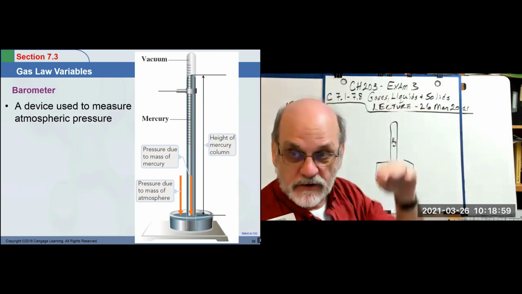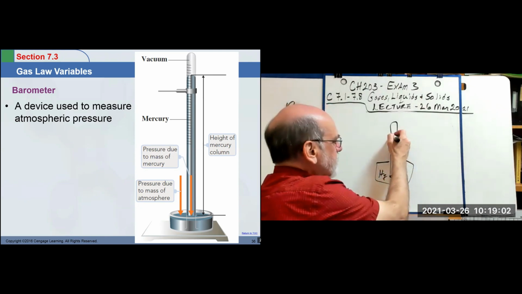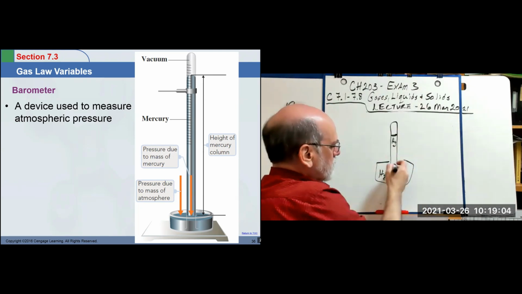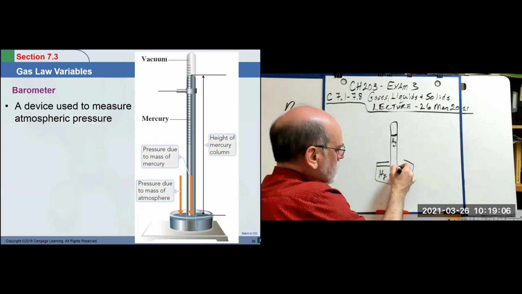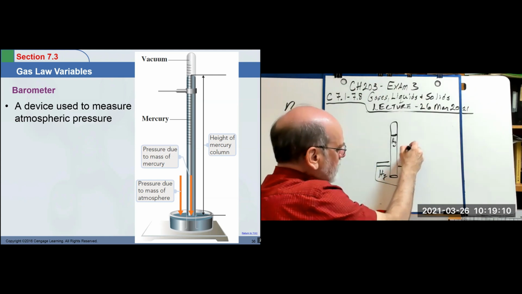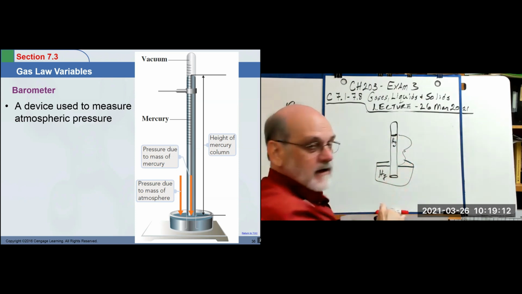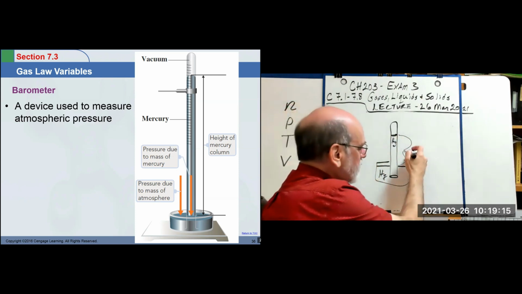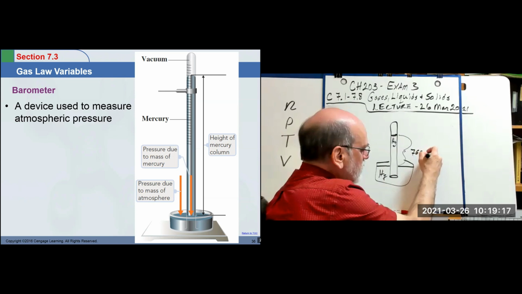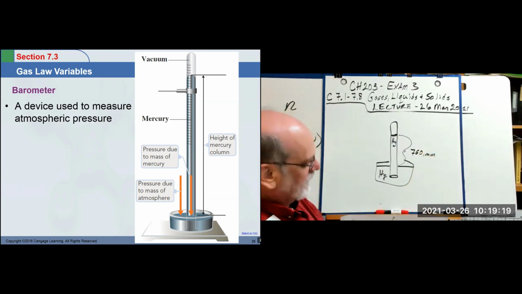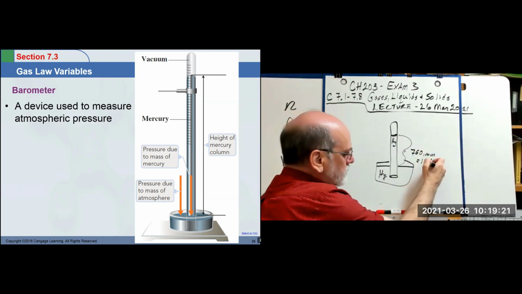The level of mercury dropped. So it came down to here. So if this is the level of mercury in the vat, then the difference between here and here at sea level is 760 millimeters, which is 1 atmosphere.